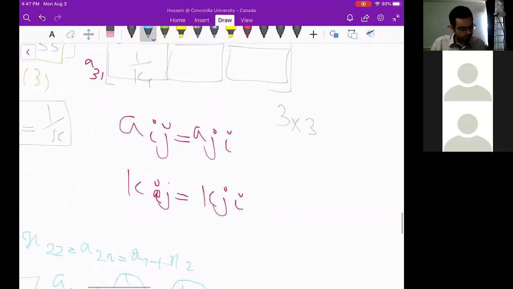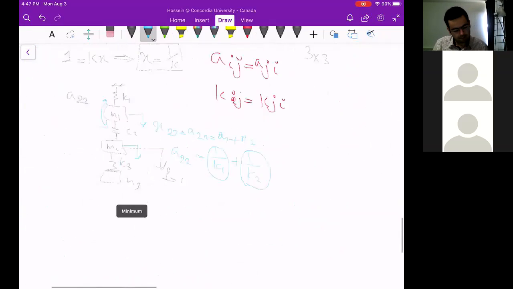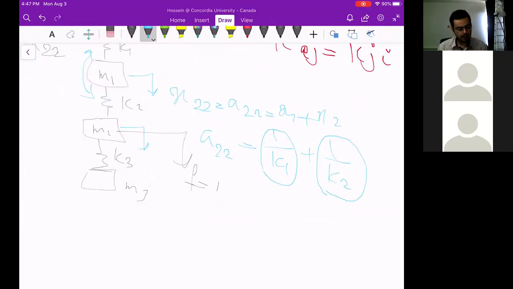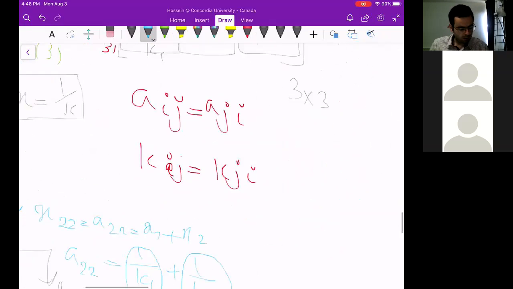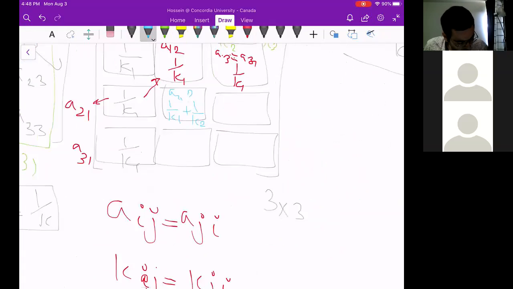If you take a look here, if the total deformation of mass 2 is 1 over K1 plus 1 over K2, since there is no constraint here, mass 3 will also displace as 1 over K1 plus 1 over K2.